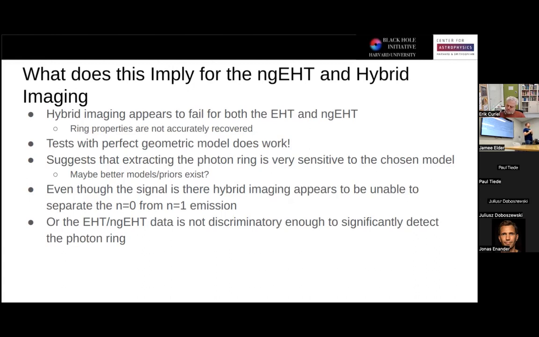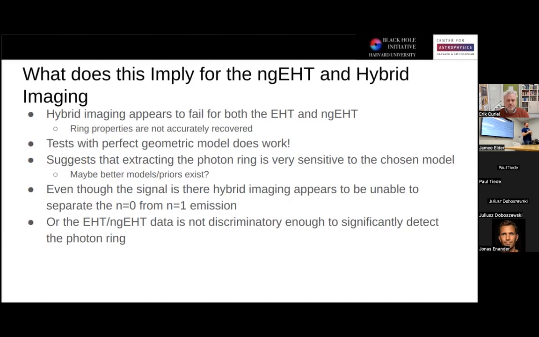So is it perhaps more prudent to say that more work is needed on algorithms which might incorporate snapshots over time? Yeah. And then it might look at multi-frequency synthesis imaging, where of course the n=1 ring should be extremely achromatic. Yeah. Whereas the n=0 ring may begin to exhibit spectral tendencies. Maybe we're just not there yet. I think that's subtly suggesting.